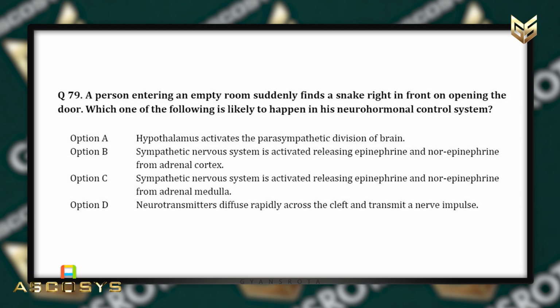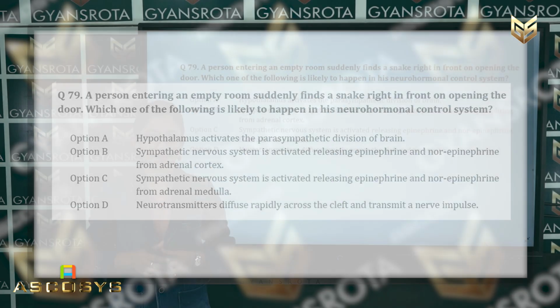Option number B, sympathetic nervous system is activated releasing epinephrine and norepinephrine from adrenal cortex. Option number C, sympathetic nervous system is activated releasing epinephrine and norepinephrine from adrenal medulla. And option number D, neurotransmitters diffuse rapidly across the cleft and transmit a nerve impulse.